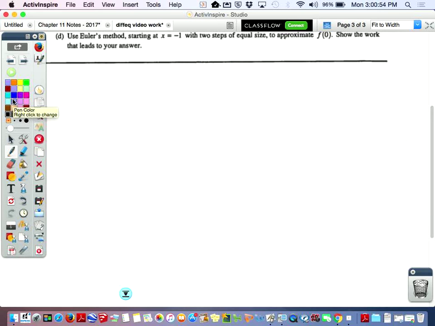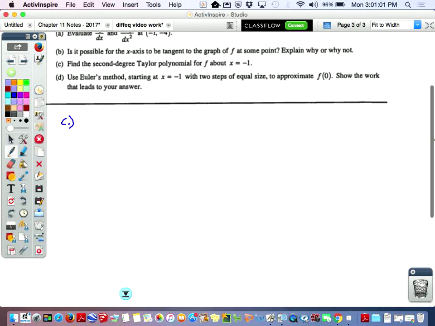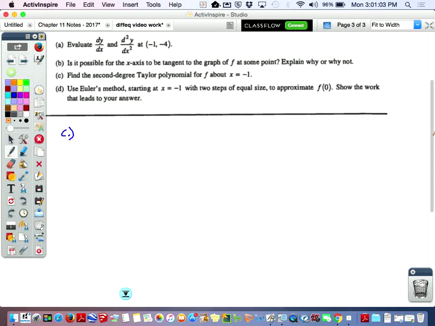Moving on to question C. Question C says find the second degree Taylor polynomial for f about x equals -1. So I need to find a second degree Taylor polynomial for f about x equals -1.